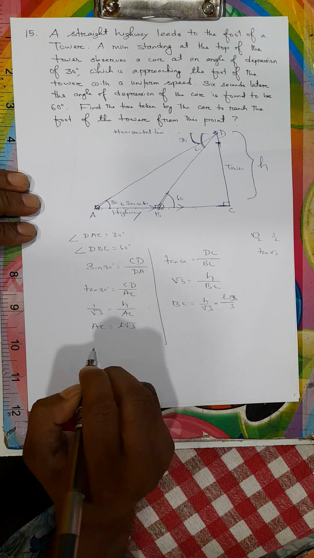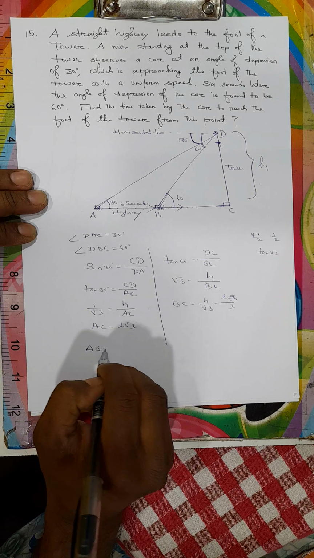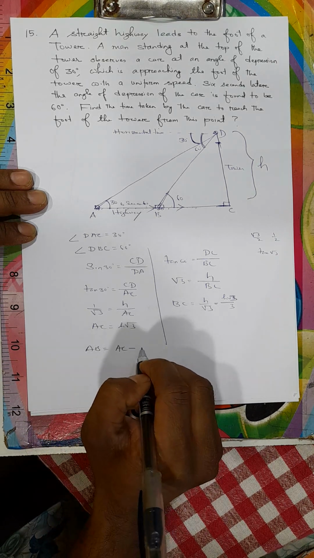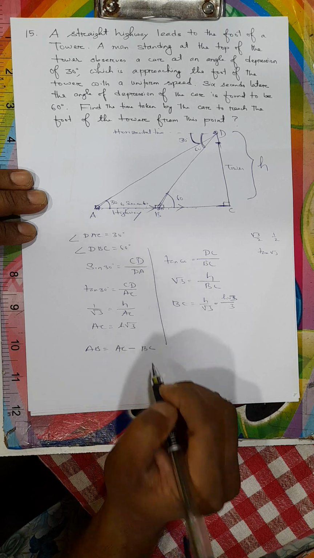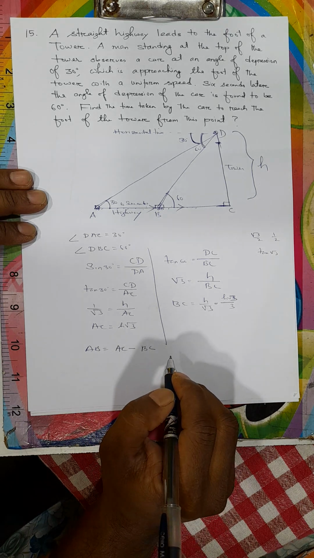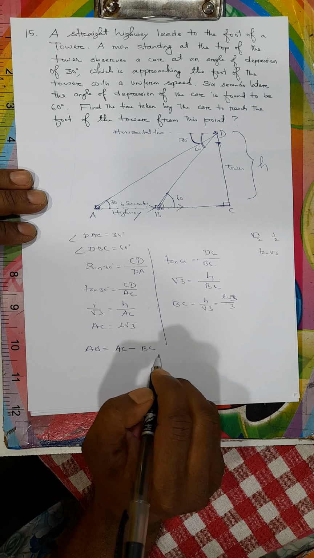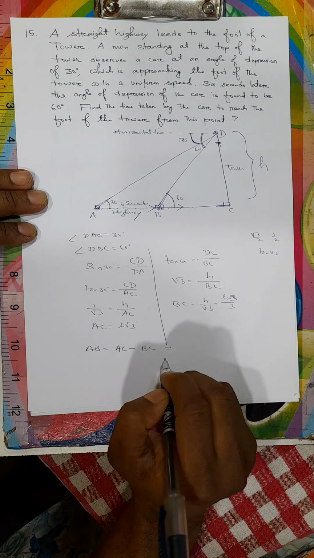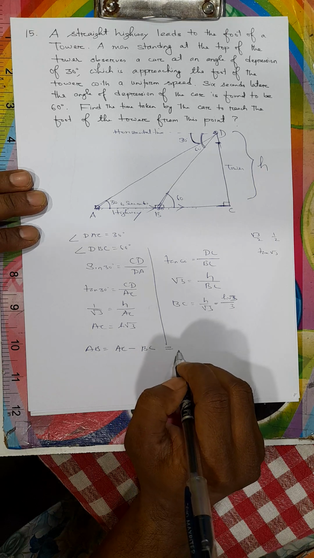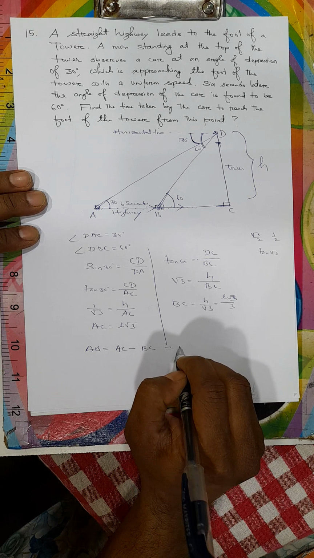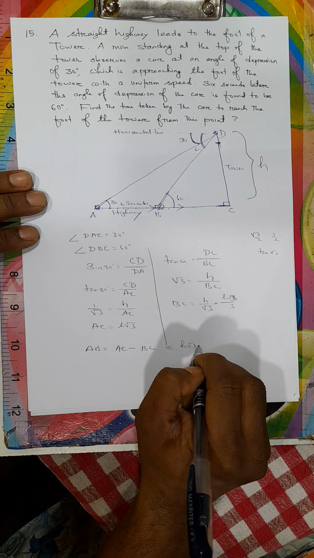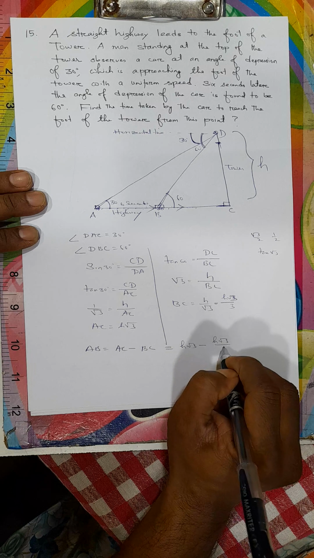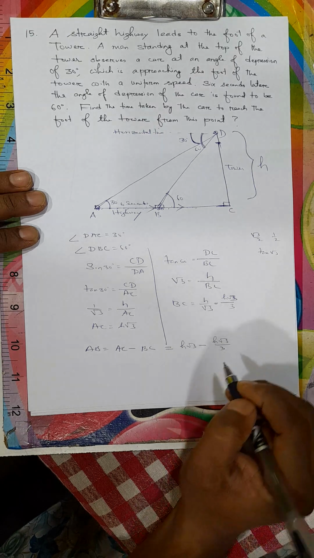So we can find AB now. What is AB? AB equals AC minus BC, right? So AC equals h root 3, minus BC equals h root 3 divided by 3.